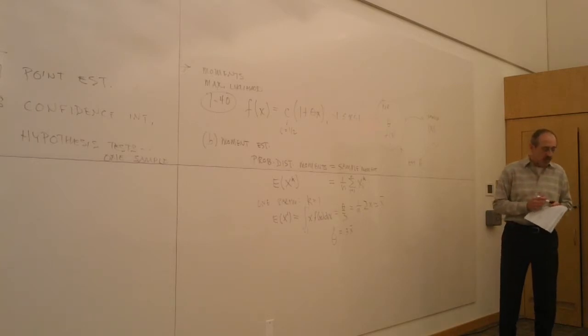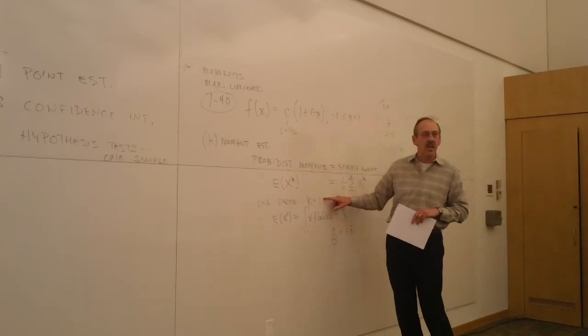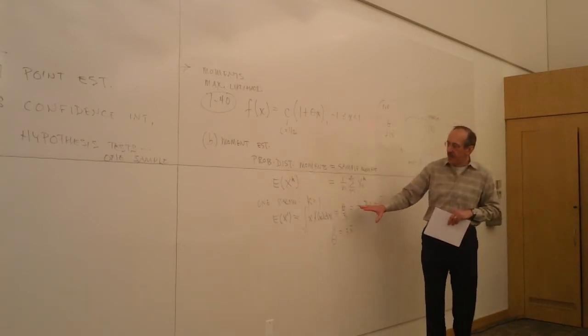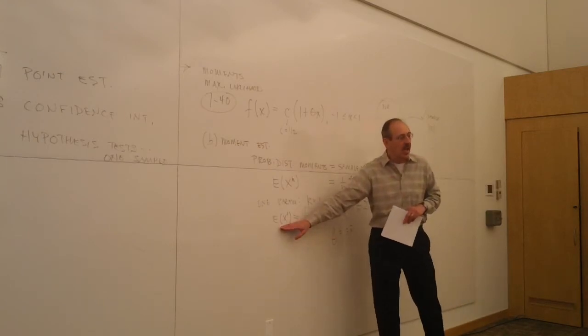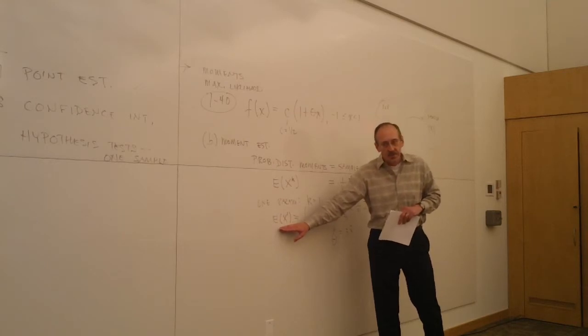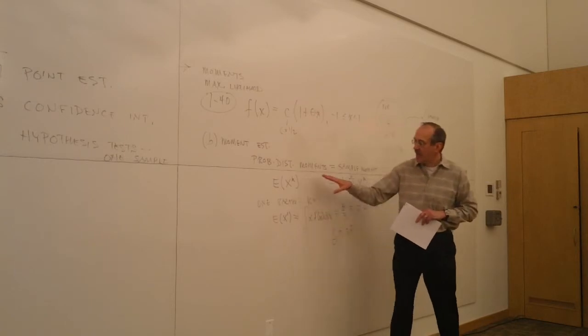If I have more than one parameter, I probably have to go to k equals 2 as well. End of the day, I may find that this expression over here for the expected value will have both parameters in it. It'll have my theta 1, my theta 2. For instance, in the normal case, I might have both the mean and the variance as part of this expression. I do k equals 2, same thing.